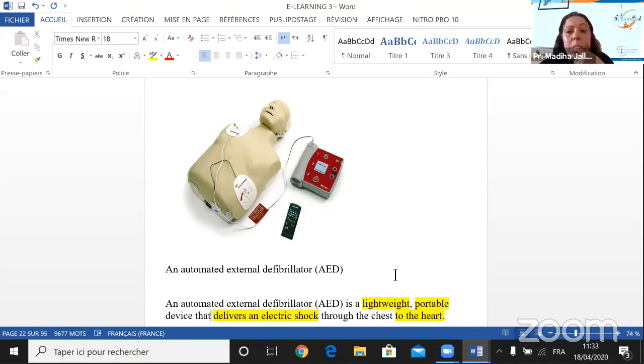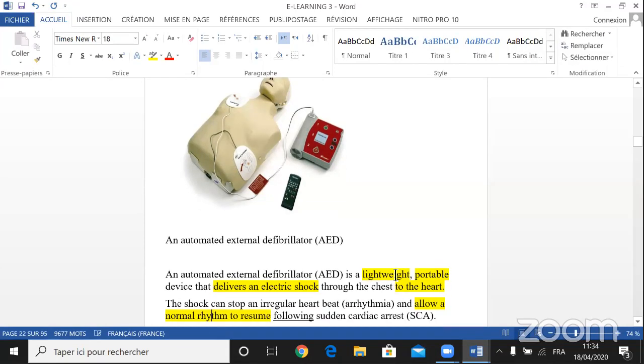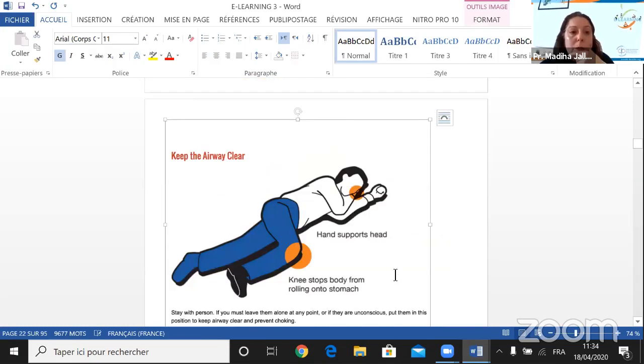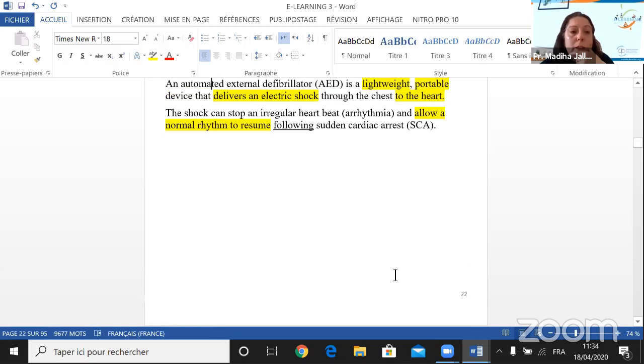But it is available in the rich countries, so they provide it there for the people for fear of unexpected cardiac arrest before the ambulance comes. So here are some words to read about this AED.